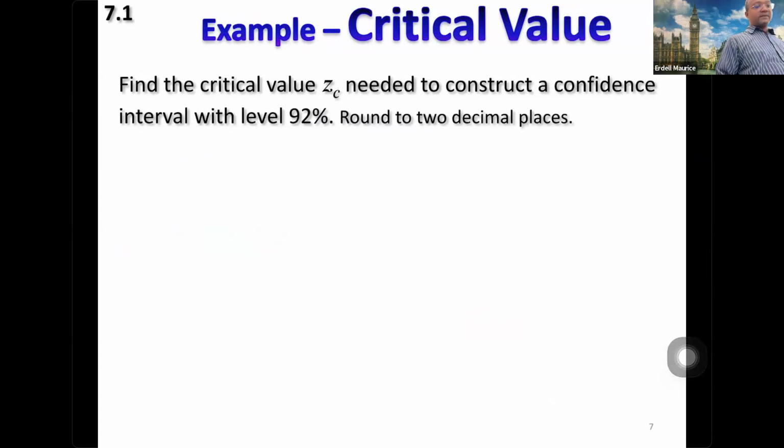All right, go ahead, use SALT for me, please. Go ahead and find the Z star, the Z critical, if you want to create a 92% confidence interval. Use SALT to solve this problem. Find the Z star for a 92% confidence interval.